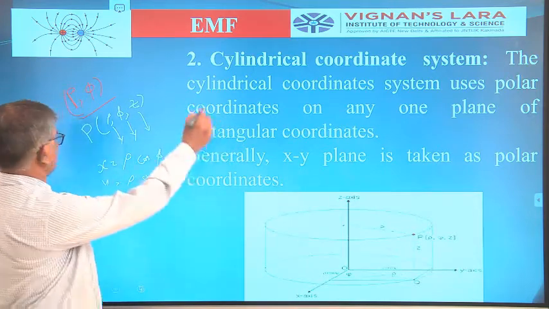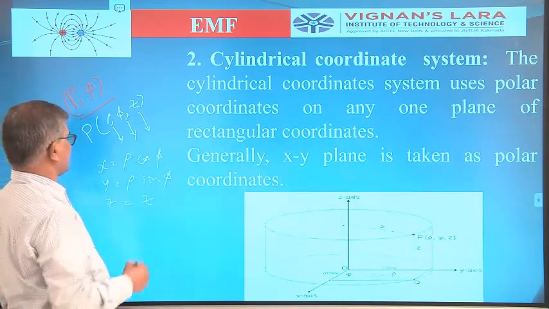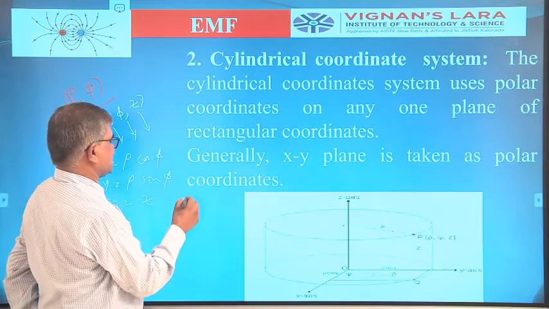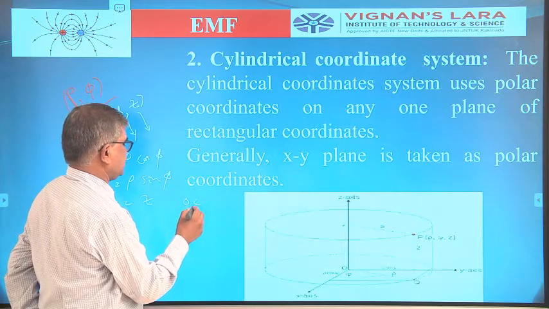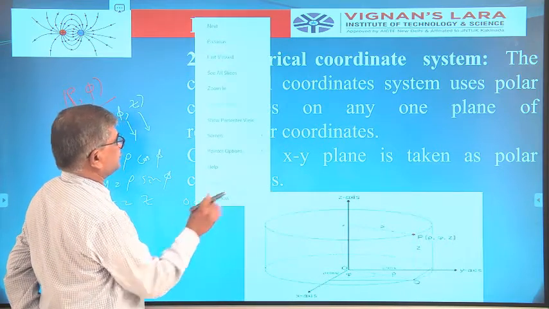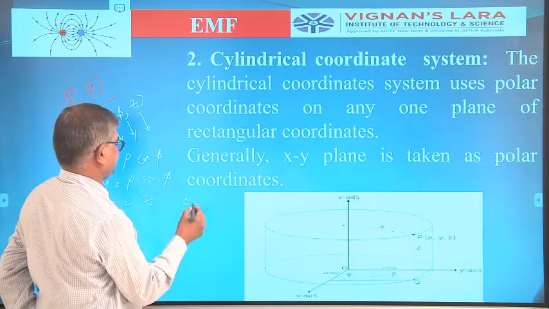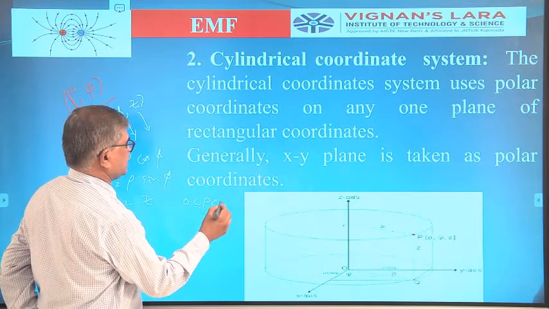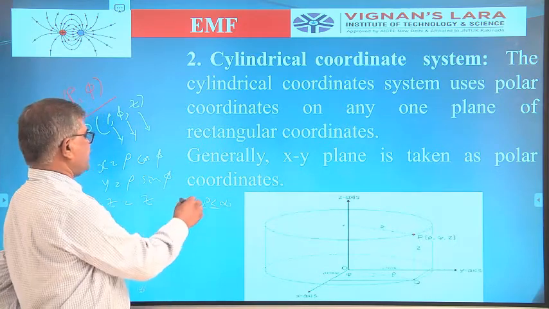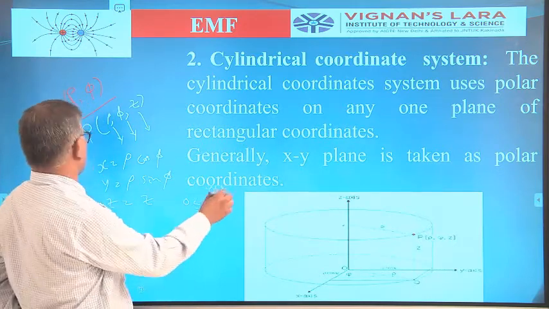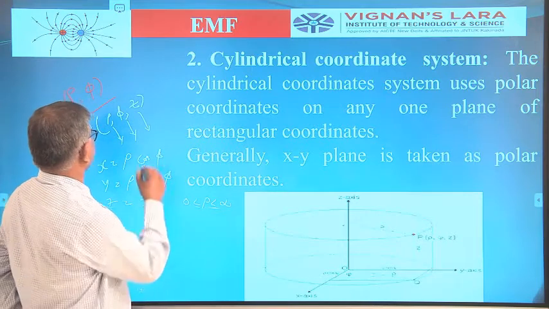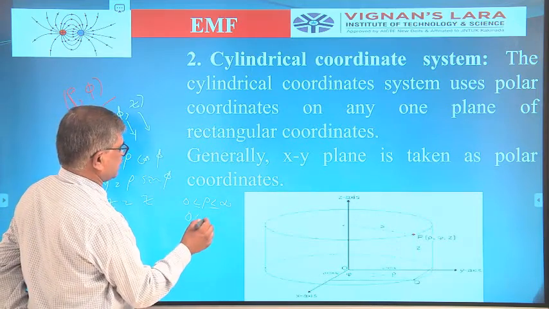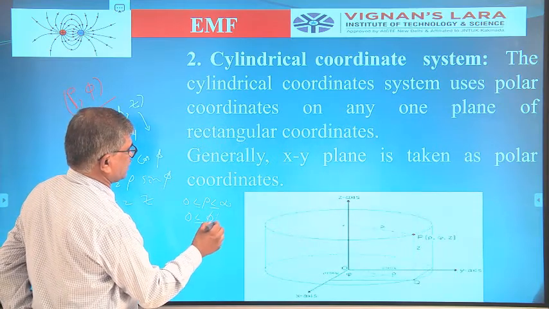So in the cylindrical coordinate system, the limits are: rho limit 0 less than or equal to rho less than or equal to infinity. Rho limit means the radius of the cylinder is 0 to infinity, and phi limit 0 less than or equal to phi less than or equal to 2 pi.